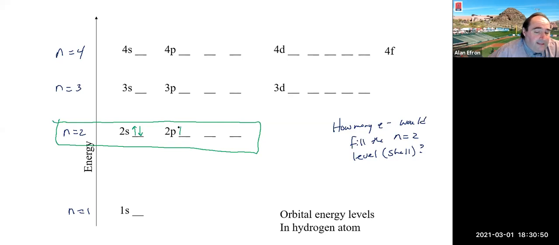They would go in, like I said, one at a time in the upwards direction, and then the electrons would come back and pair off, which means if we count it, that is 2, 4, 6, and 8 electrons. So it would only be 8 electrons if I filled up the n equals 2 shell or level. So again, shell or level, we're talking about every single individual orbital that is found there.